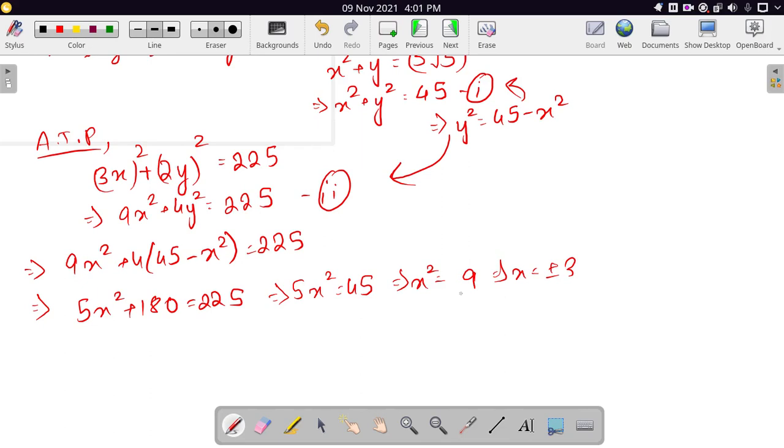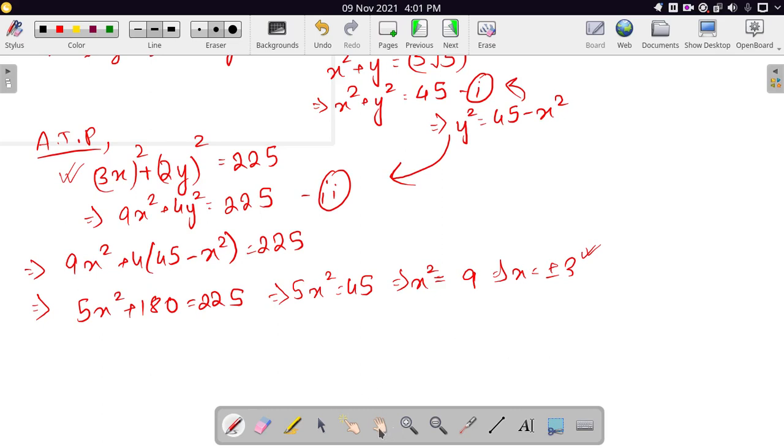But when we are applying the square root, from here till here we are solving an equation. So in an equation, the mathematical sense of the equation has to be correct. So here we will write x is equal to plus minus 3, but we will not take minus 3. Okay, so therefore x is equal to 3.